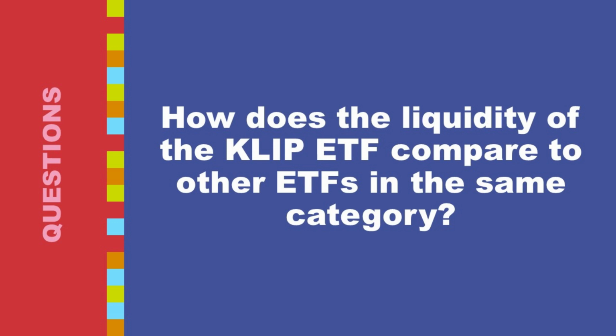Bid-ask spread. This represents the difference between the highest price an investor is willing to pay, bid, and the lowest price a seller is willing to accept, ask, for an ETF share. A tighter bid-ask spread for KLIP compared to other ETFs indicates better liquidity.